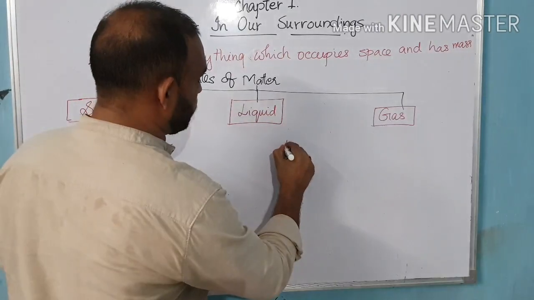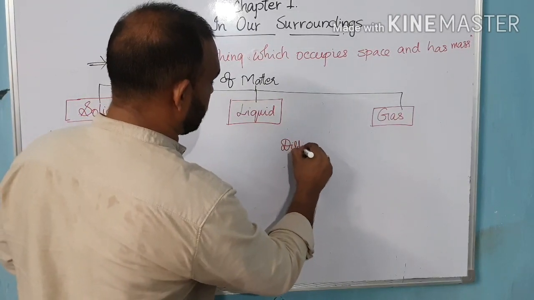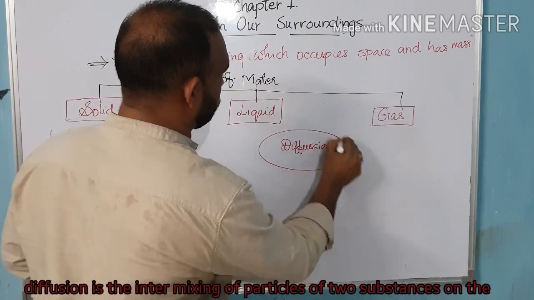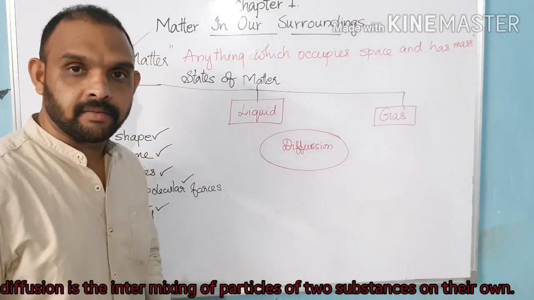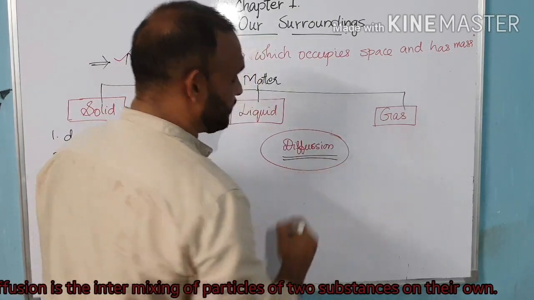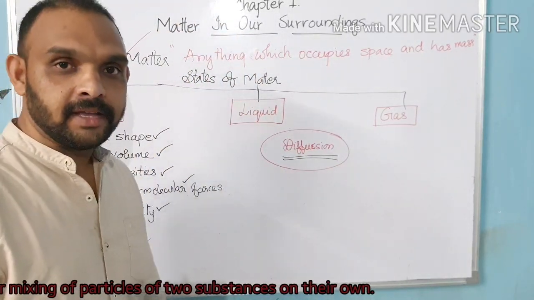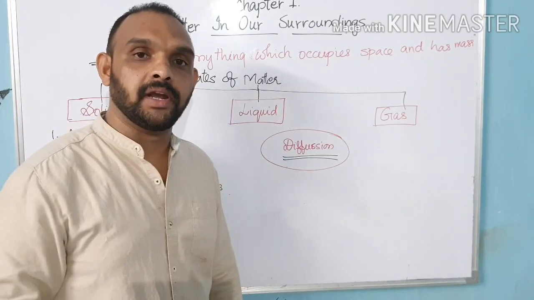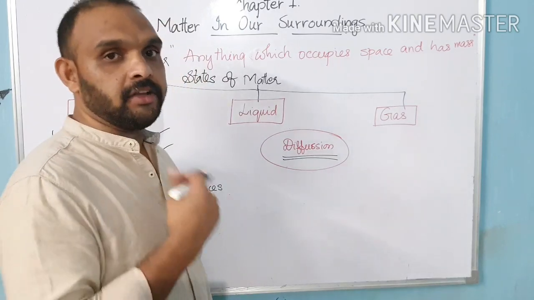In the characteristics, we have seen that the second characteristic was intermixing of particles of matter. What is that intermixing? Yes, that intermixing is called diffusion. So intermixing of particles of matter with another medium is called diffusion.